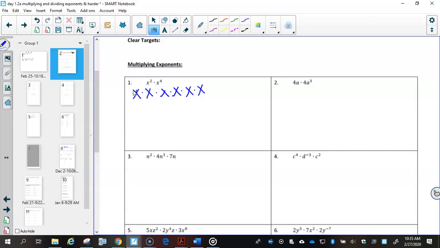Could we combine all of those? I mean, they are all multiplied together. Could we condense them so that it's x to some power of something? X to the 6. And really, we just counted those up.